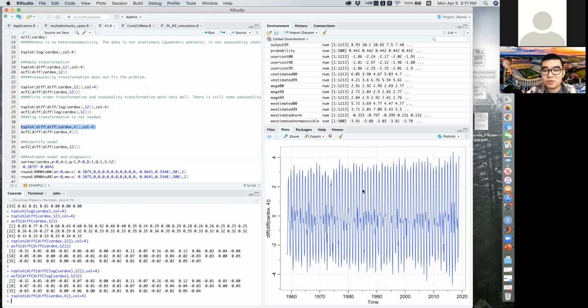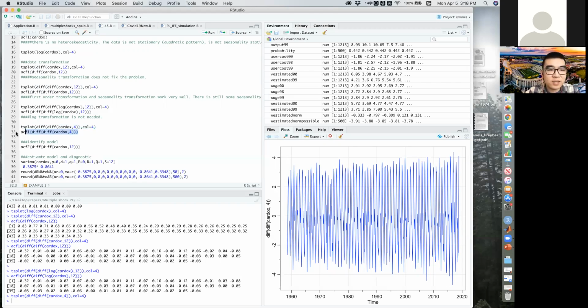This is the raw data I got. Clearly there's no trend here. The mean is 0, but I can tell that there still is some seasonality here, especially you can see within here, there's a very clear seasonality trend.